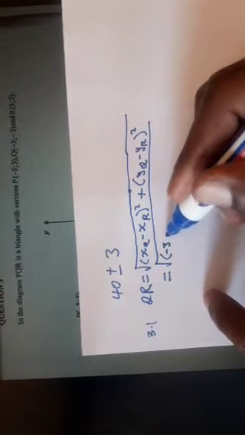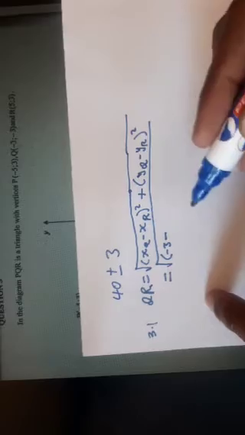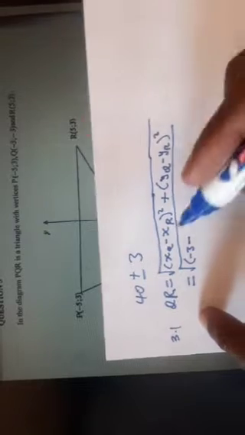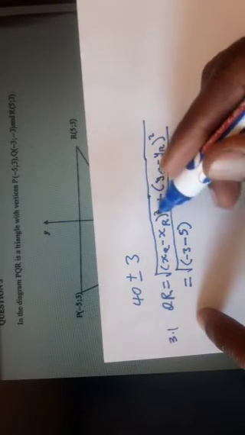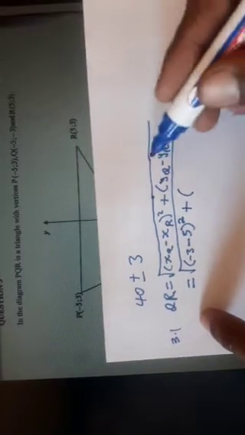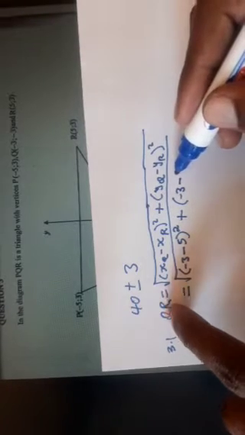So minus 3, then minus x at R, which is 5, all squared, plus y at Q, which is minus 3, minus y at R, which is 3, all squared. There will be a mark for the substitution.